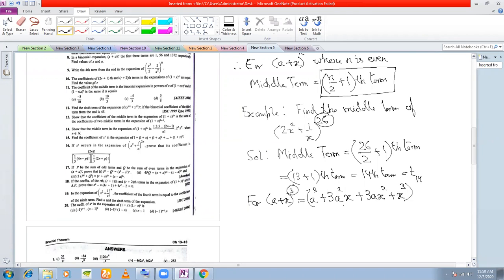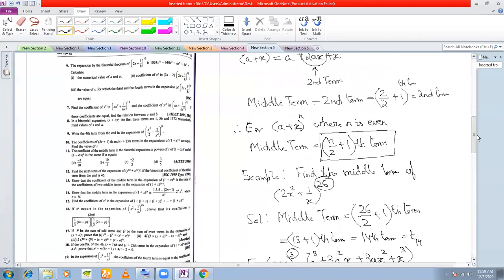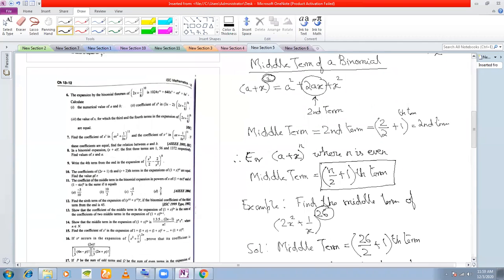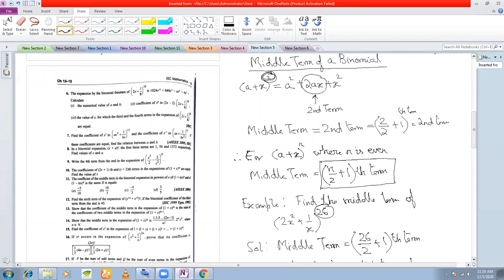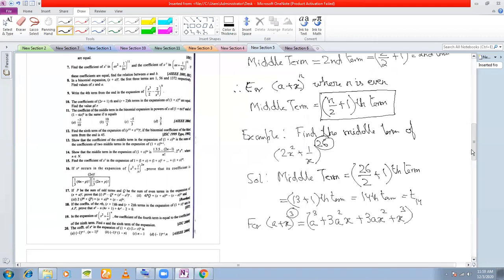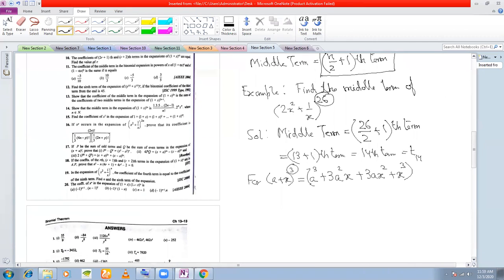In case of an even power, the number of terms was odd. Like here, we had an even power, and so we had 3 terms, and so we had only one middle term. But in case of an odd power, we have 4 terms here. And what are the 2 middle terms?